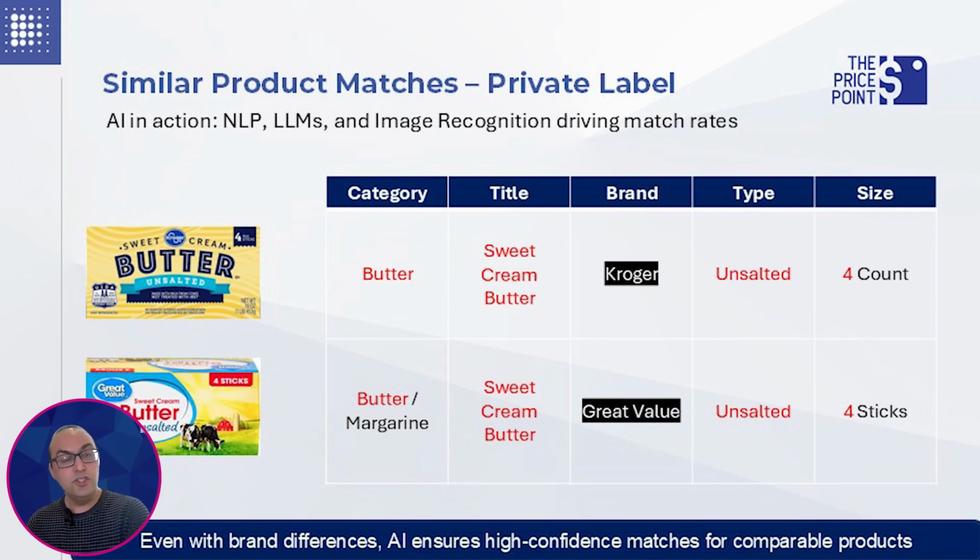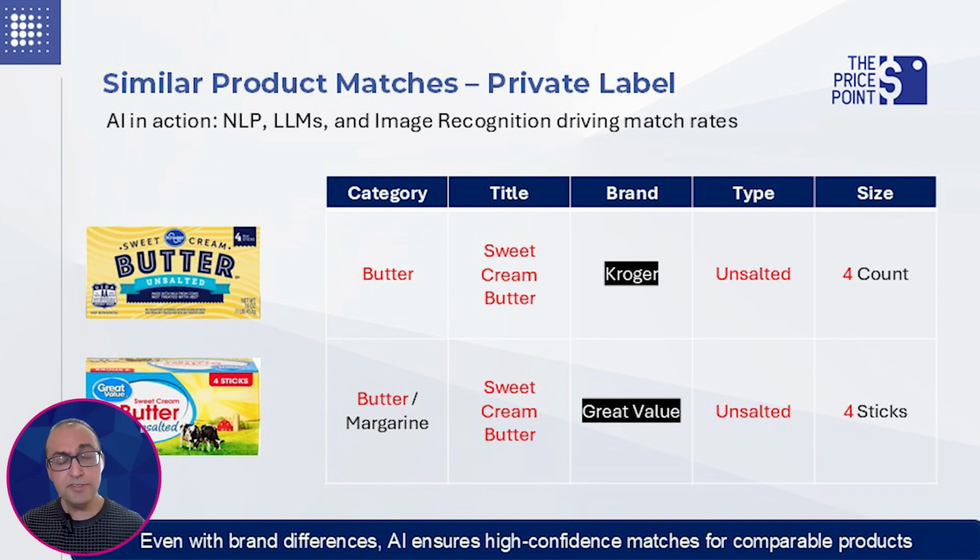So with that, let's go back to our methods. Let's look at the third option, similar product matches. These types of products are matches, but they're not exact equivalents; they share key attributes. Think about private label matches or similar items in apparel. So here's an example: we've got Kroger's sweet cream butter compared to Walmart's Great Value equivalent.